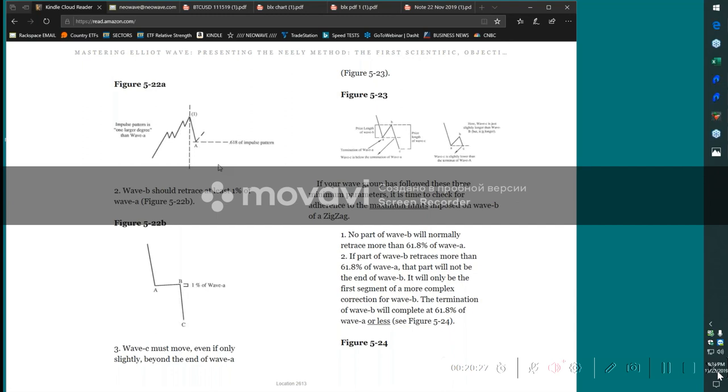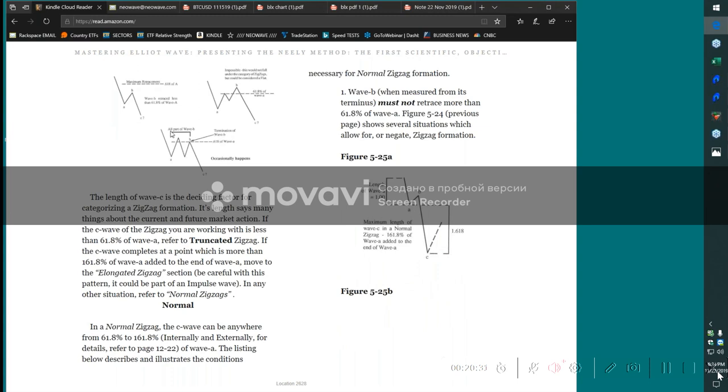So let's say we have a zigzag A, B, C, and then we see the next move up, and it passes over the A, the valley at A. Top here or the bottom here? Yeah, bottom. Yeah, overlaps through there. Does that for you add any weight that it's a zigzag, or not at all?